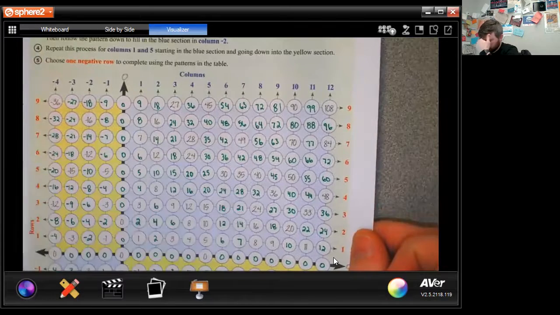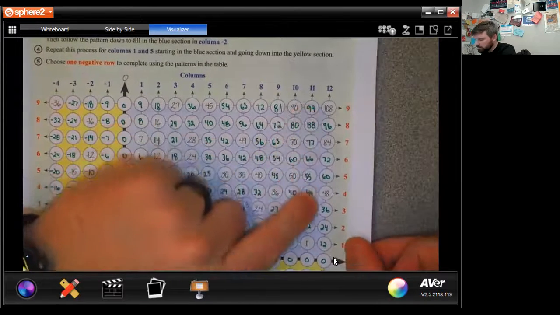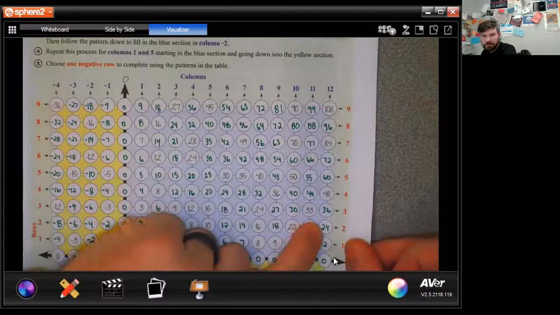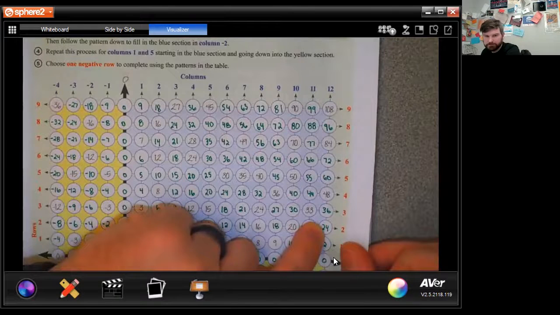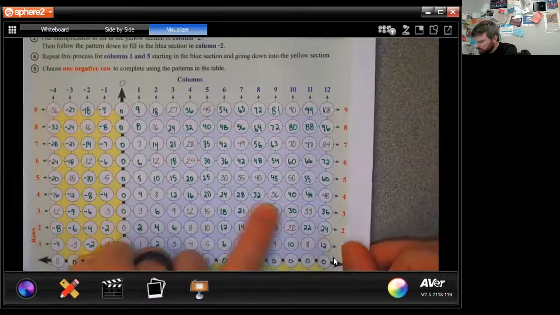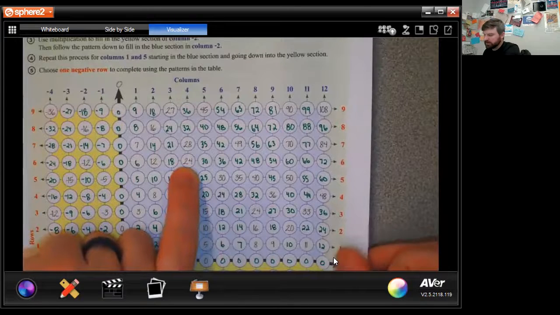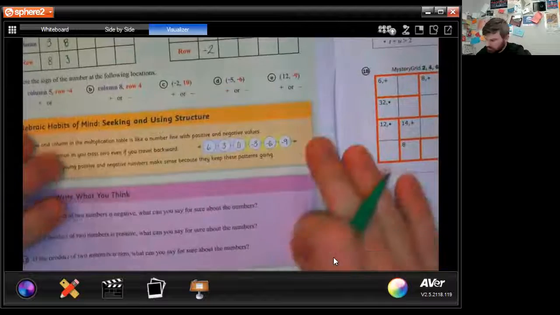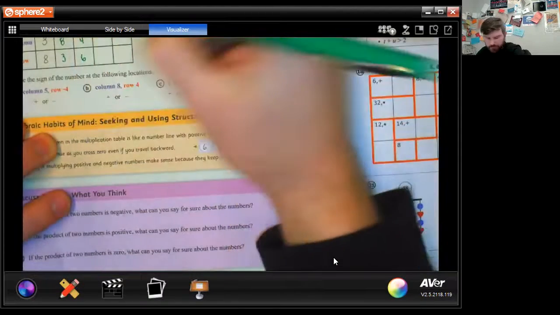Okay. And we can look and see where there are other 24s. Here's the 24. So that's column 12, row 2, which we already had, but we can put it again. Here's the 24 right here, column 4, row 6.